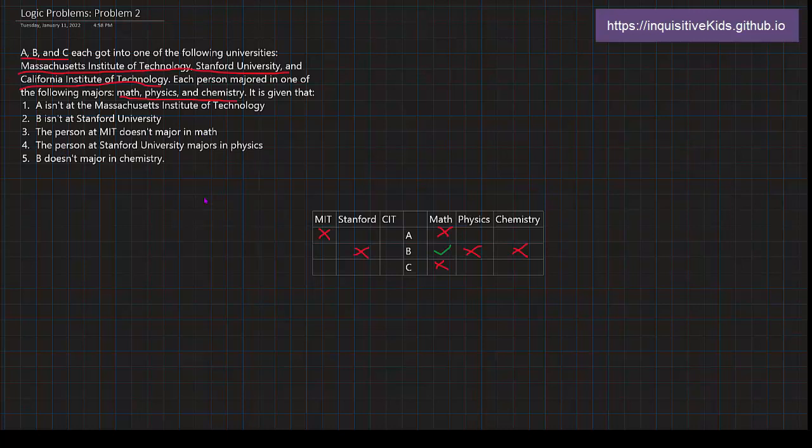Let's go back to the beginning and reread it one more time. A is not at the Massachusetts Institute of Technology. B is not at Stanford University. Okay, we can't really do anything with those for now. The person at MIT does not major in math. Okay. The person at Stanford University majored in physics. So right here, the person at MIT does not major in math.